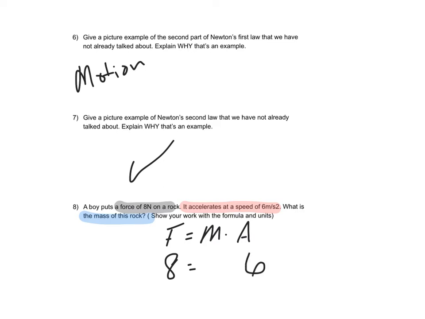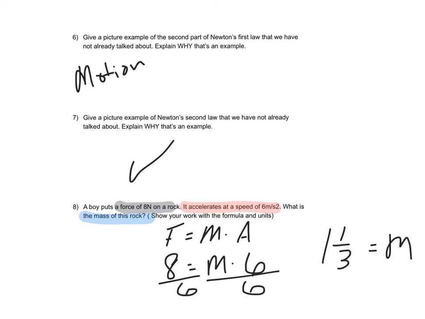What is the mass? So you're going to have to do 8 divided by 6. So 8 divided by 6 is 1 1/3. And since it's mass, the unit is in kilograms. So 1 1/3 kilograms.